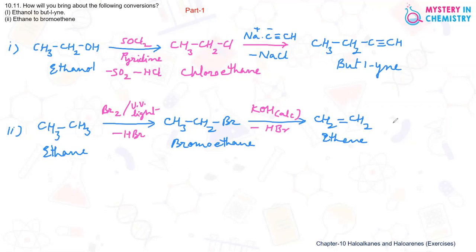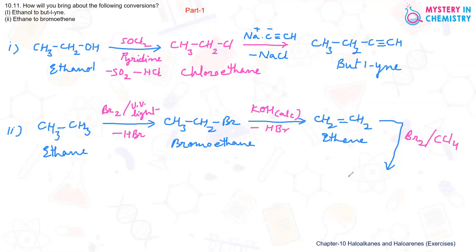So after this, again it should be subjected to bromination, but this bromination is addition of bromine. So here the addition of bromine should take place, and for that the reagent we have to use is just bromine in carbon tetrachloride.